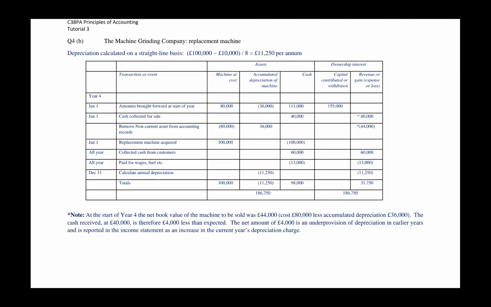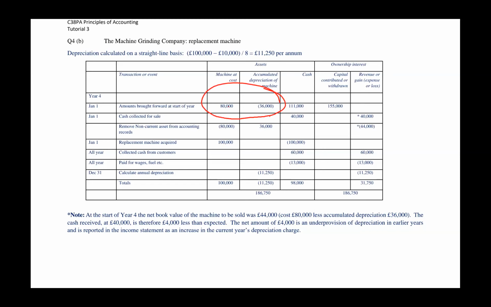Which was actually the cost of the machine minus the accumulated depreciation. The net book value of the machine plus the accumulated depreciation gave us the net book value of 44,000. You get the point? Which means the cost was 44. That's the cost that we had.